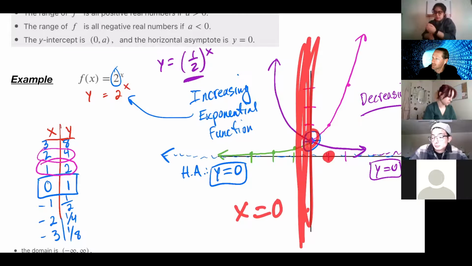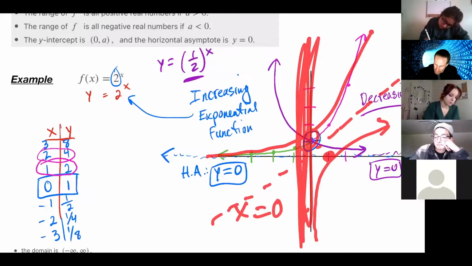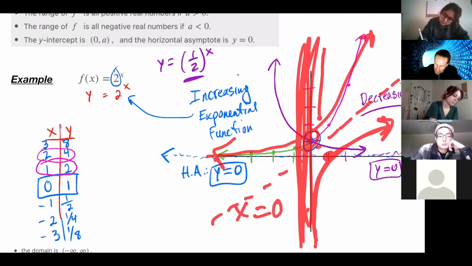And how do we tell if it's increasing or decreasing? The base. It's all about that base. That base, you guys, then there's no trouble. If it's increasing, then I will start down here and do this. Can you guys see my beautiful butterfly that we talked about last unit? The increasing one here versus the increasing one here. And what about decreasing? It'll start up there and go through that point 1, 0.